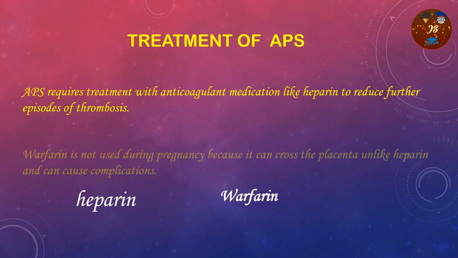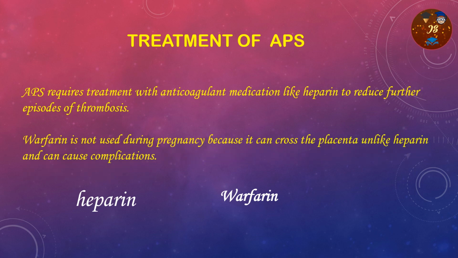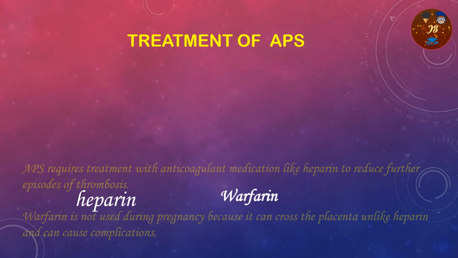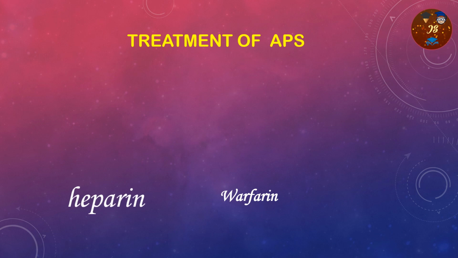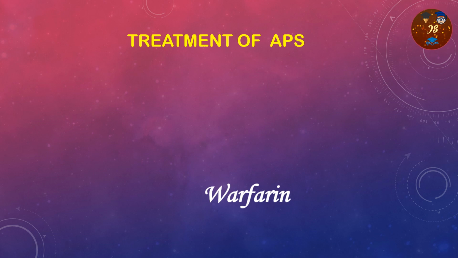But warfarin has a problem: it cannot be used in pregnancy because, unlike heparin, it can cross the placenta and cause complications in the fetus. So two things to keep in mind for the treatment of APS: heparin and warfarin, but warfarin cannot be applied to a pregnant woman.